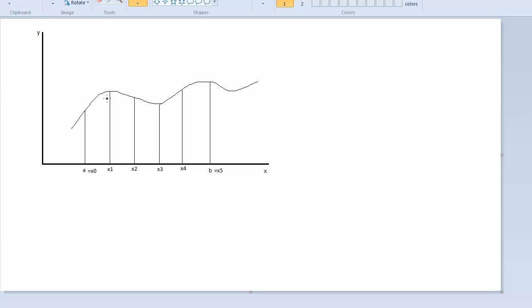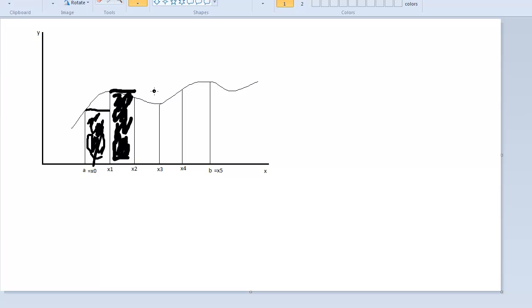So I take the beginning point, like this, and I calculate the surface in here. For the second part, I take again the beginning point and calculate the surface here.